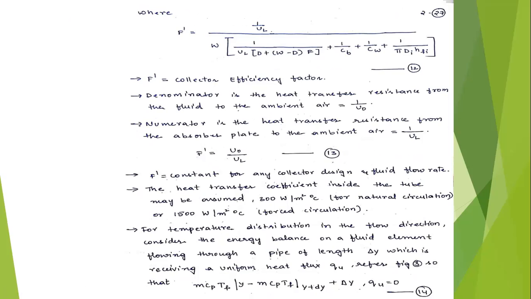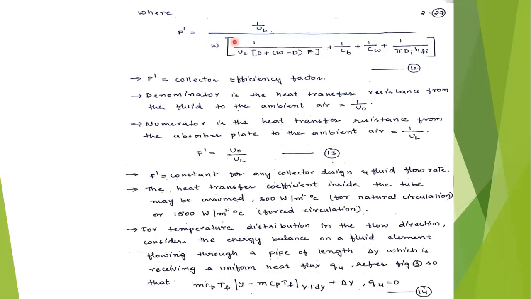F dash is equal to 1 by UL divided by W into [1 by UL over D plus (W minus D) F] plus 1 by Cb plus 1 by Cw plus 1 by pi Di hfi. Here F dash is called the collector efficiency factor.